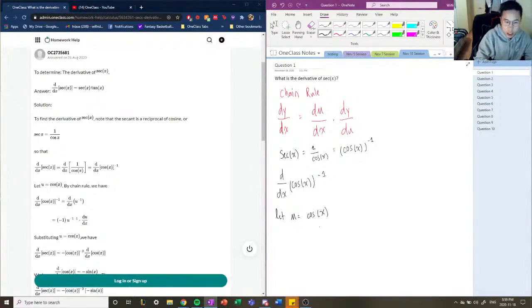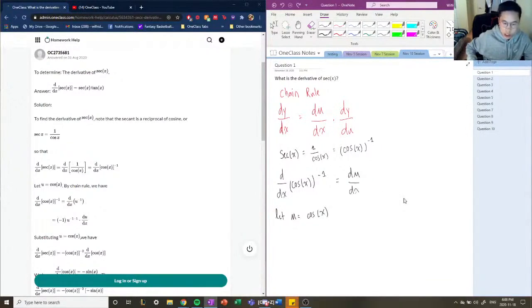And now if we use our chain rule here, we get dy/du times du/dx, where y is u to the power of -1, and du/dx is the derivative of cos x. Okay, so we're going to solve this later.